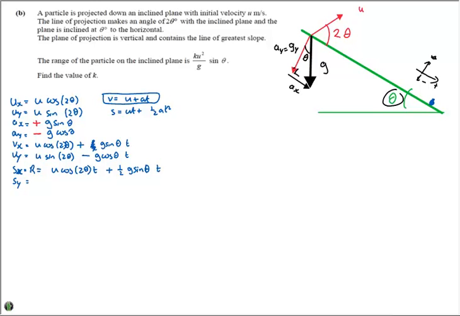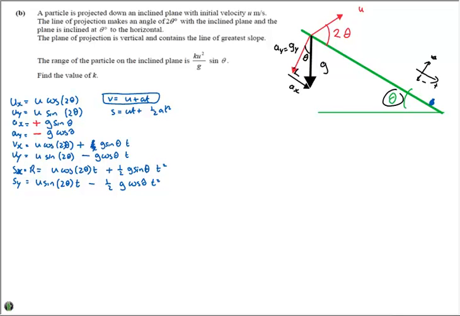So that's in our coordinate system, the y value will go to 0. So S of y will be equal to ut again, which is u sine 2 theta t minus 1/2 g cos theta t squared.